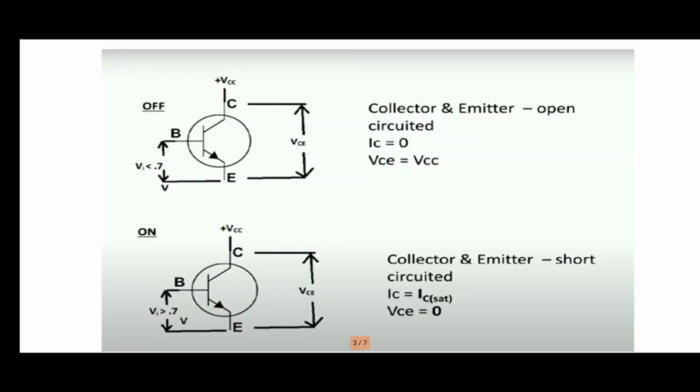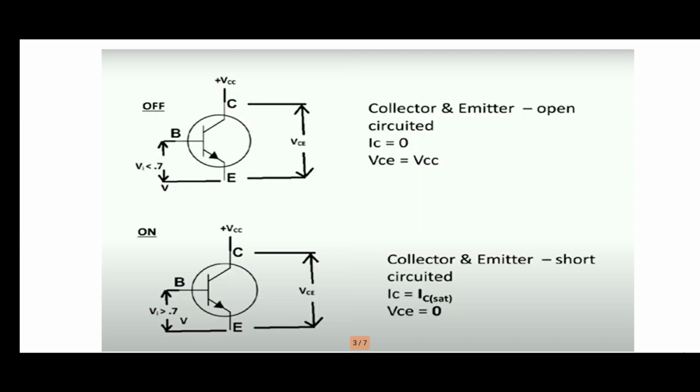This slide shows the conditions when the transistor is in the on condition or off condition. This diagram shows that if the transistor is off, the collector and emitter terminals are open circuited and there is no collector current, so IC equals 0, and VCE, the collector to emitter voltage, equals the power supply VCC.